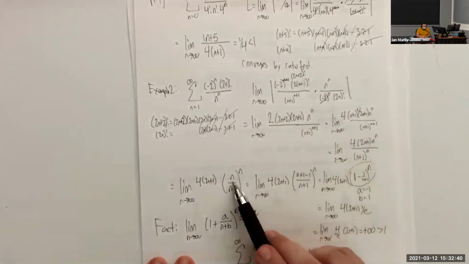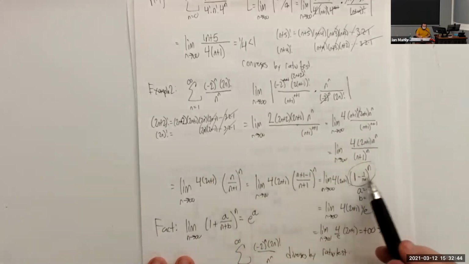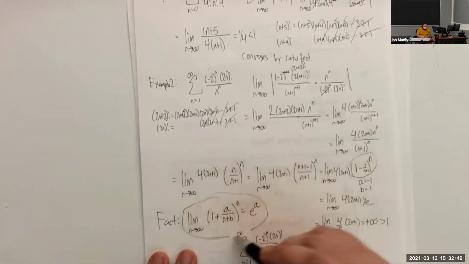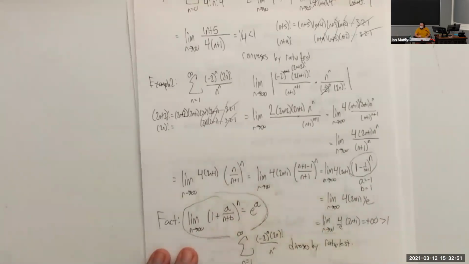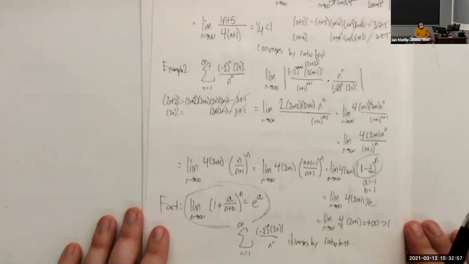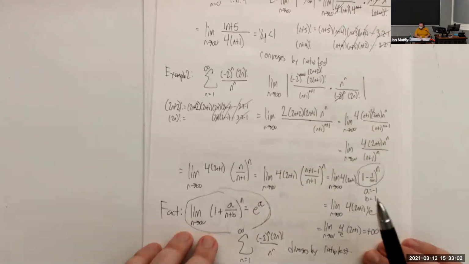And then we had to make this look like the limit for e right here. The limit for e shows up quite a bit, so I would definitely remember this limit. That's going to be very helpful. It's better than doing L'Hopital's rule every time you see it, which would definitely take way longer. But yeah, this one's a ratio test where we had to pull out all the stops.